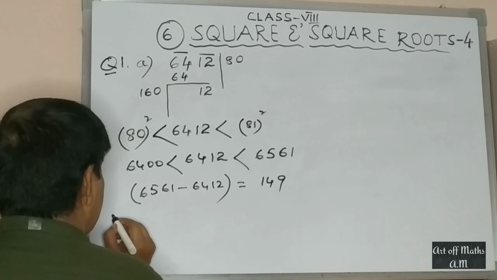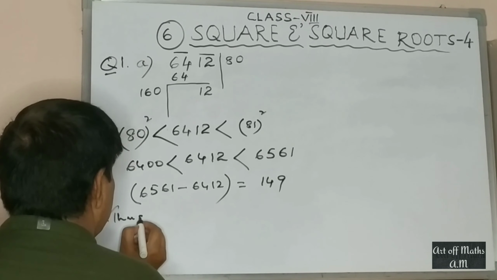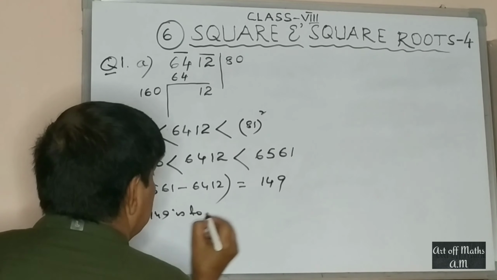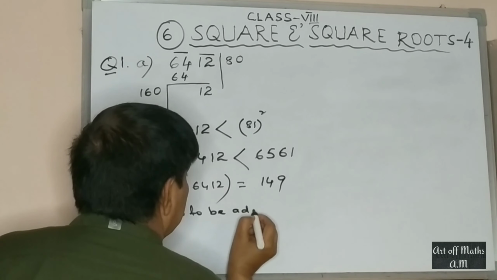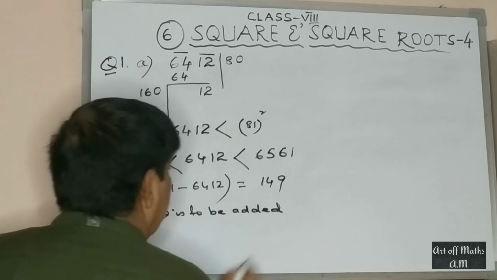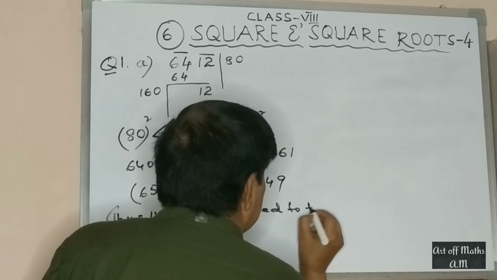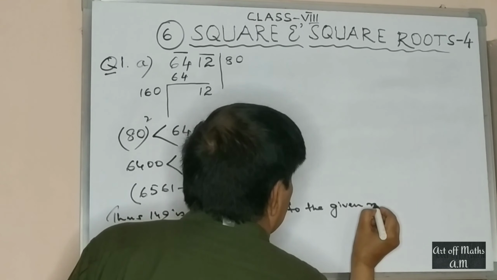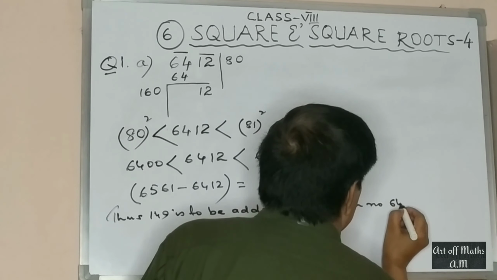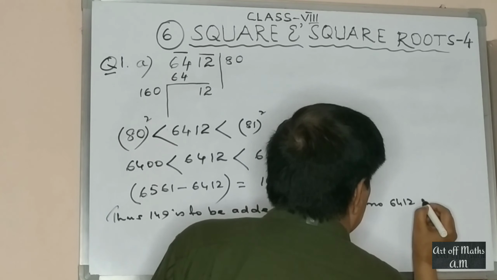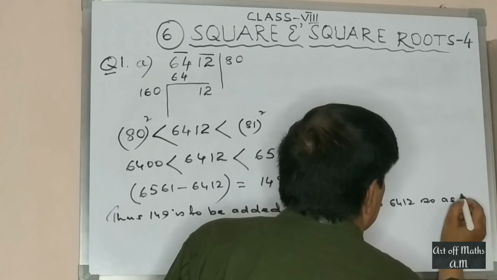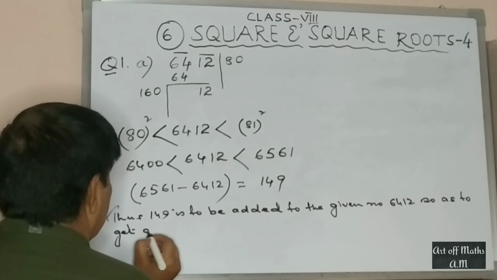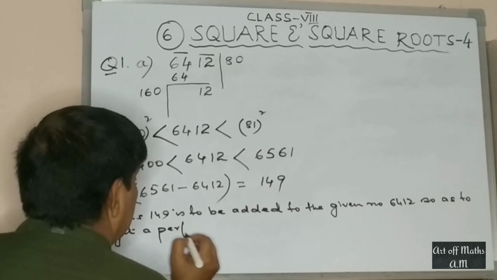Now thus 149 is to be added to the given number 6412 so as to get a perfect square number.